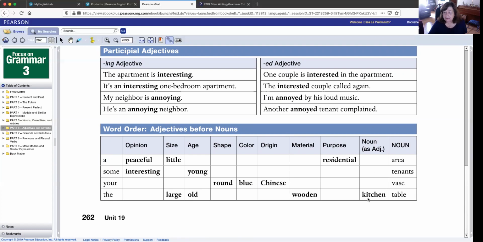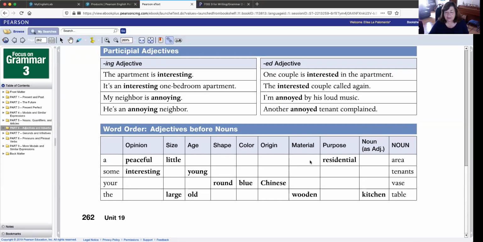A noun that is used as an adjective, and again, we'll go through these sentences, and then the noun at the end. Okay, so the noun, the thing that you're describing, is always at the end, unless it's after a to-be verb. So as we read the sentences, look where they are. A peaceful, little, residential area.